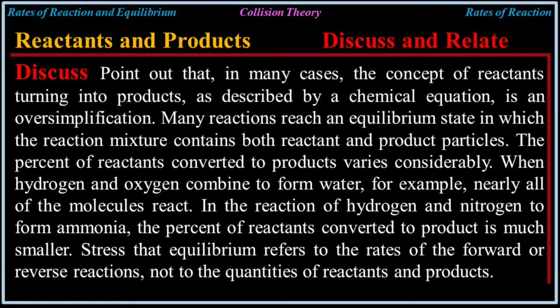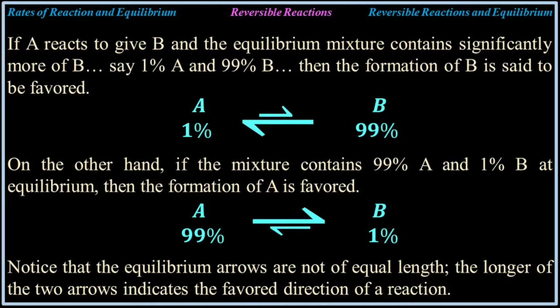Stress that equilibrium refers to the rates of the forward and reverse reactions, not to the quantities of reactants and products. If A reacts to give B and the equilibrium mixture contains significantly more B, say 1% A and 99% B, then the formation of B is said to be favored.